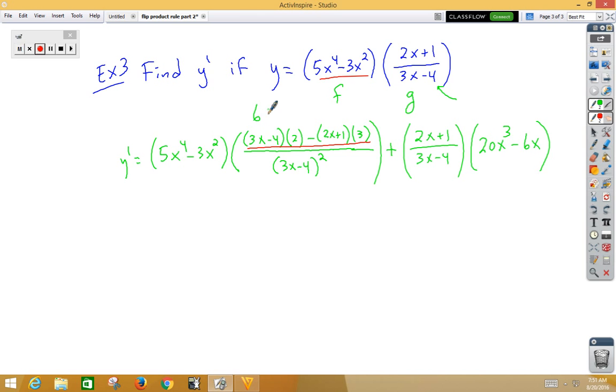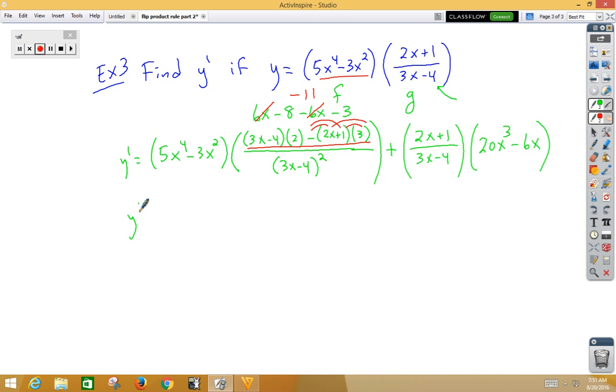We get a 6x minus 8 minus a 6x minus 3. Remember, you're not only distributing the 3, but you're also distributing the negative. Our 6x's would cross out, leaving us with a negative 11 in the numerator.